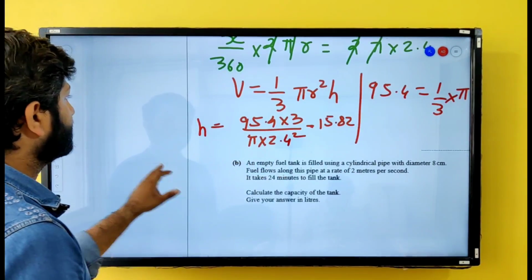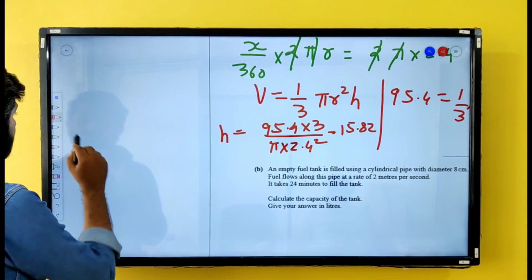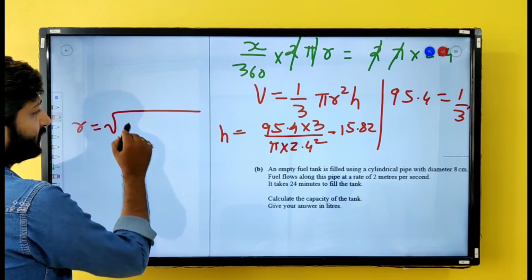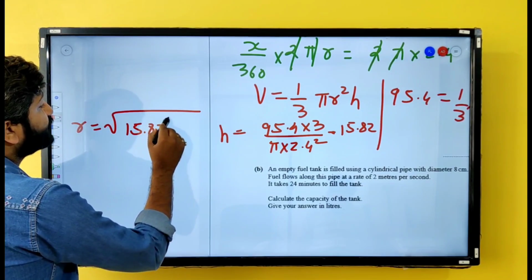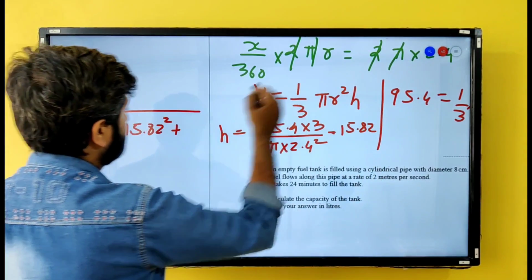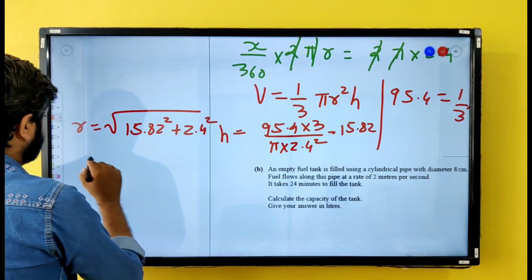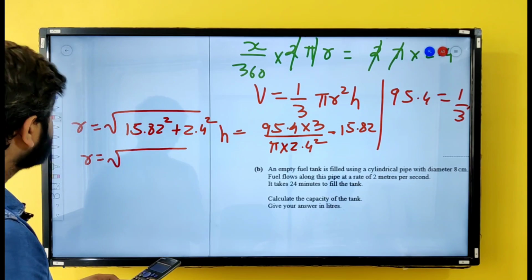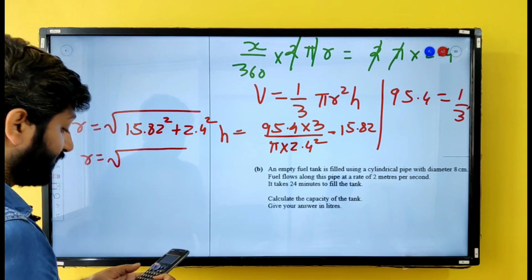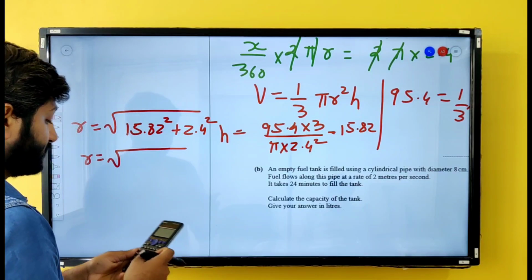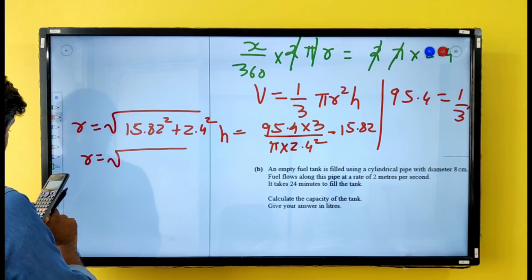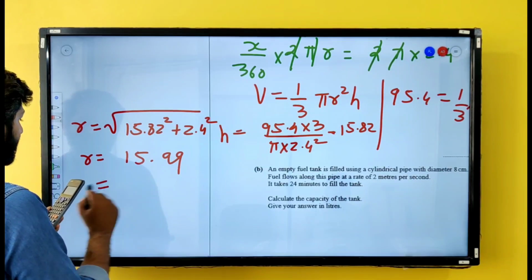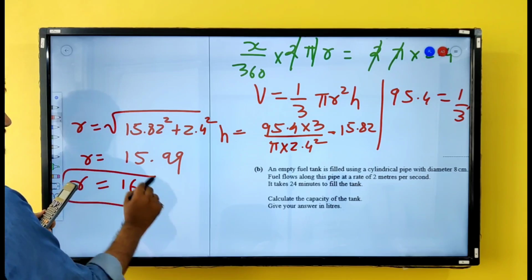So my slant height or my radius of the sector r is going to be under root 15.82 square plus 2.4 square, which gives me 15.99. My value of radius is 15.99, or I could use my radius as 16.